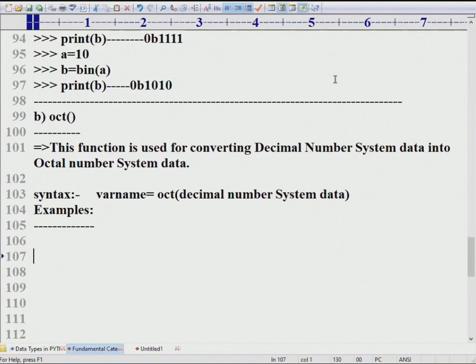What is the number we got? 19. So if I take 19, what is the value we will get? Look at this: A is equal to 19, B is equal to oct of A, print of B. What is the result? 0o23.